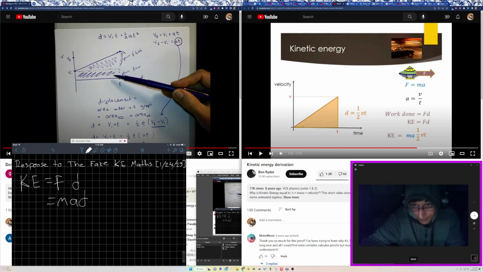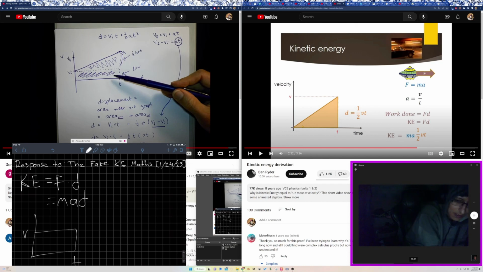If there was a constant velocity, the graph would look something like this, because the velocity is constant over time, and that is just velocity times time, right? But they choose one that fits the kinetic energy better. So they choose distance equals 1/2 velocity times time, which gives you the distance for a certain velocity for a certain time.